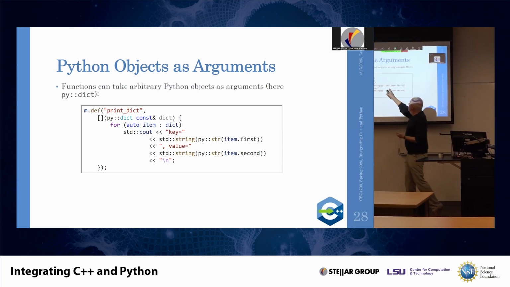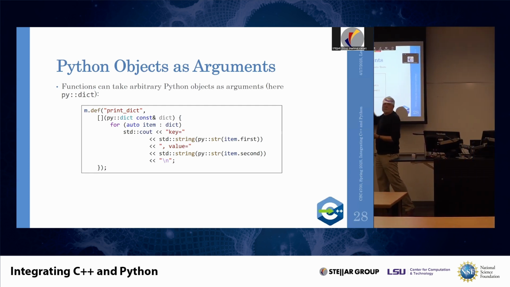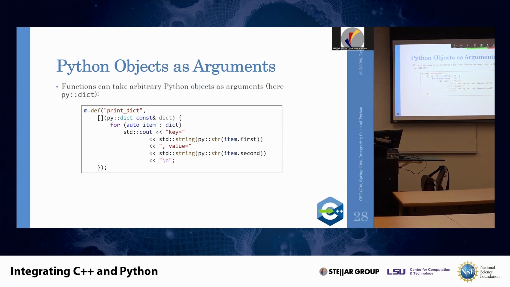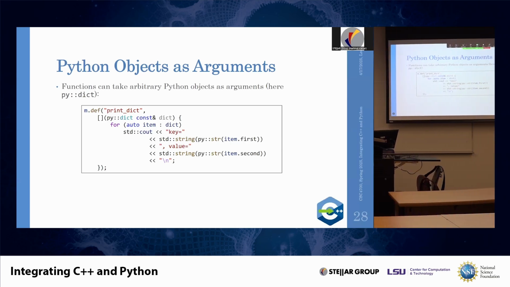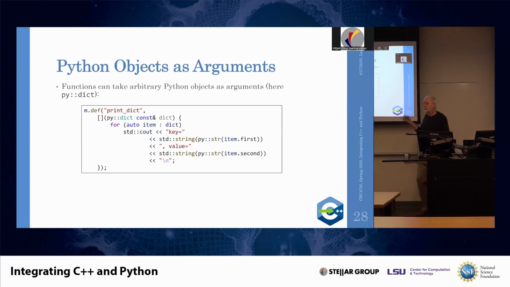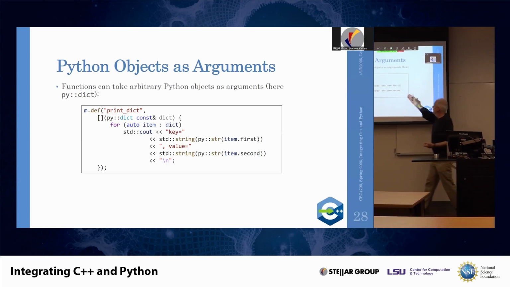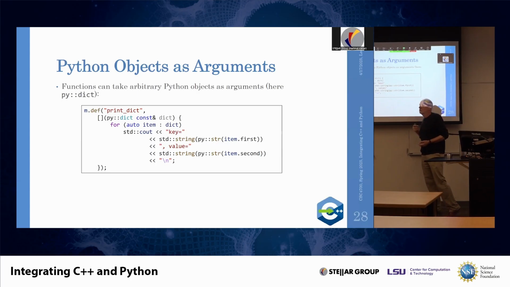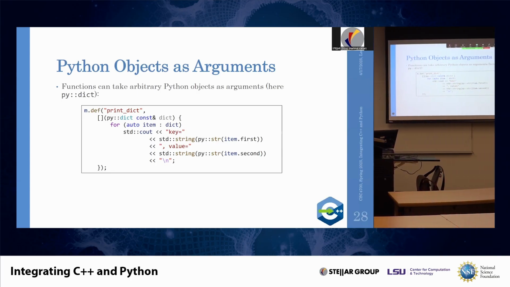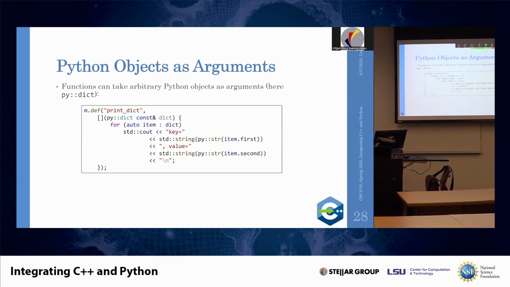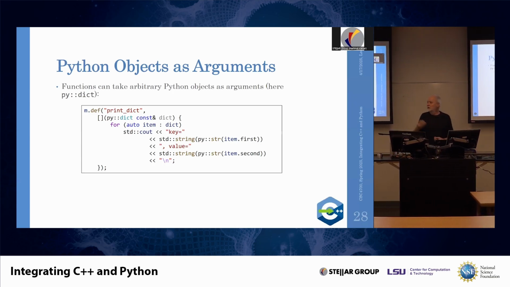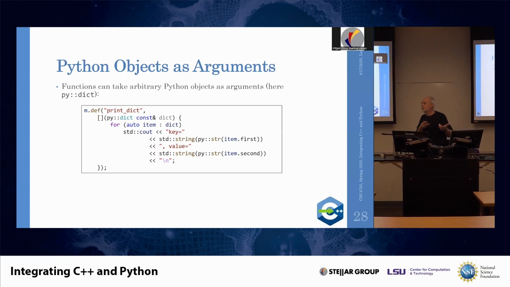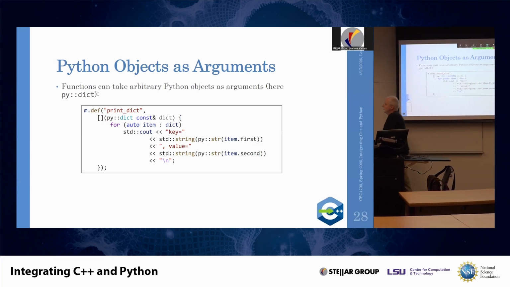That's why I have to tell it, please convert that Python object into a Python string and then print it. And that will also raise an exception if that thing I'm passing is actually not convertible to a string. So it will invoke the Python runtime type checking at that point, the same way as if I was trying to convert something that can't be converted to a string in the Python code.